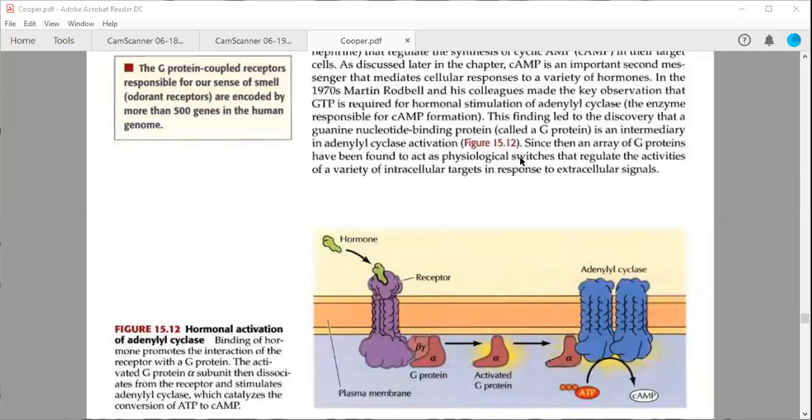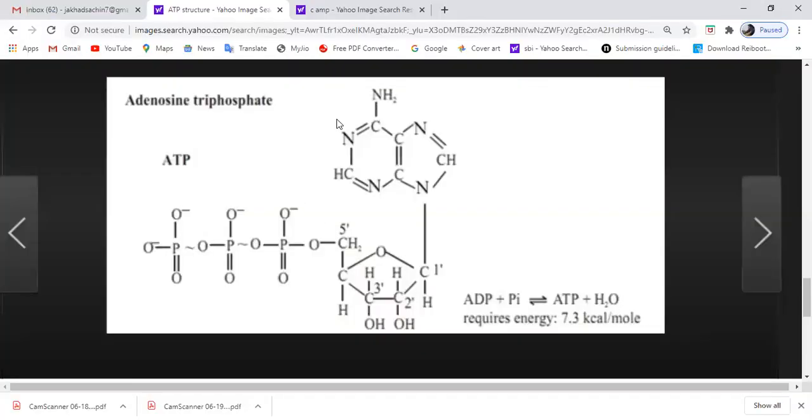I also have a second screen. This particular screen is showing that the ATP molecule is made up of three phosphates. These phosphates are alpha, beta, and gamma. Let me annotate this. This is alpha, this is beta phosphate, and this last phosphate is gamma.